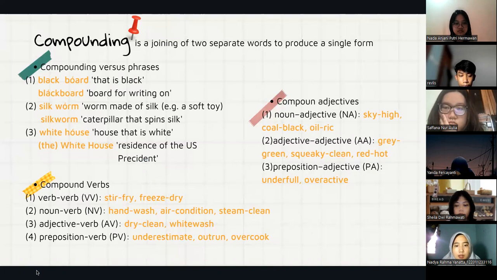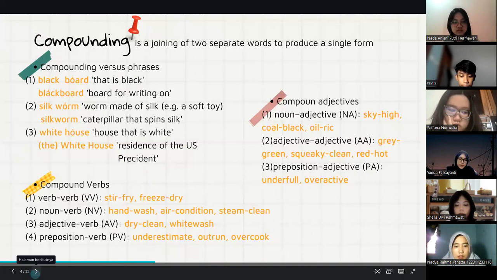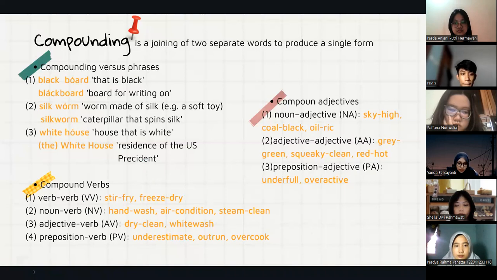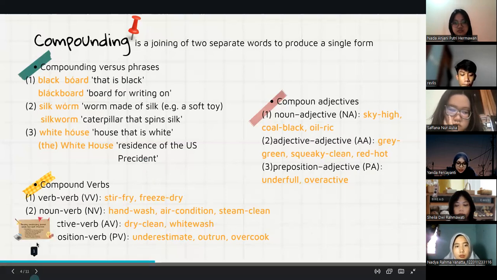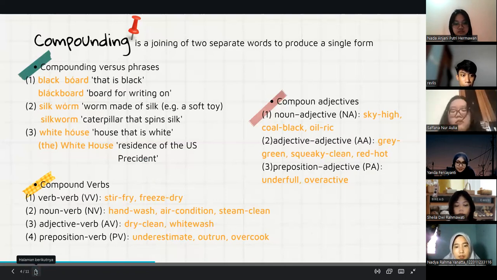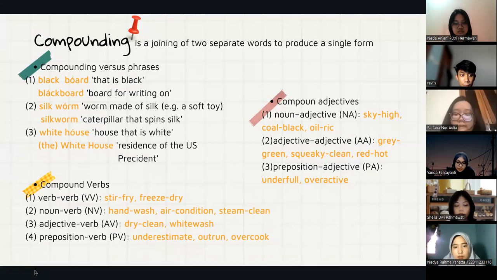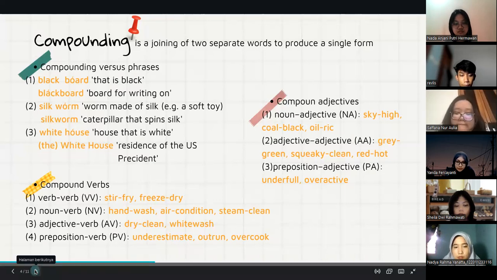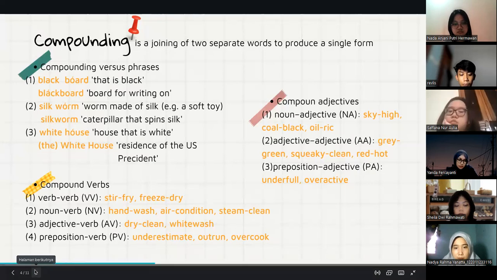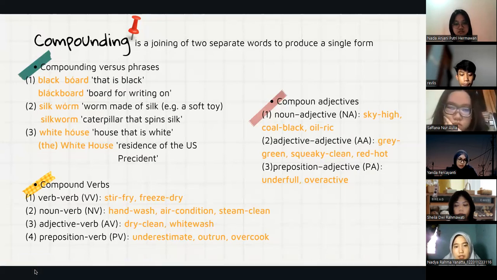The second one is compound verbs. There is almost no limit for the kinds of combinations of compounds that appear in English, as in the following examples of verb and verb, noun verb, adjective verb, and preposition verb.